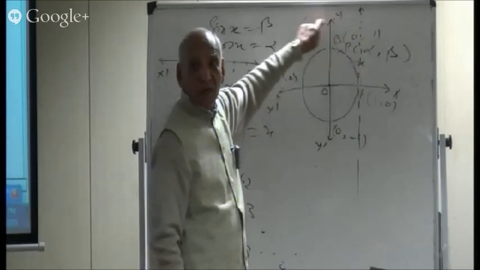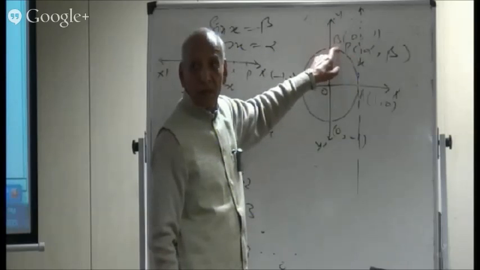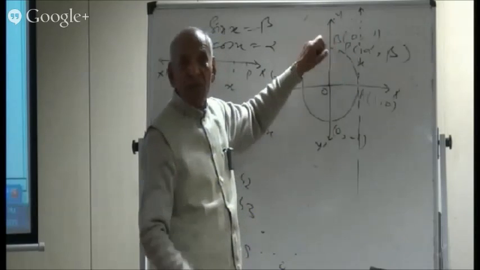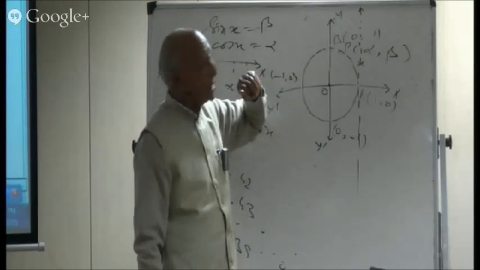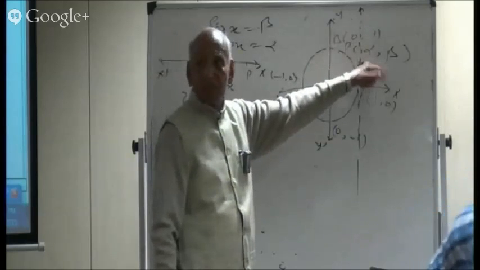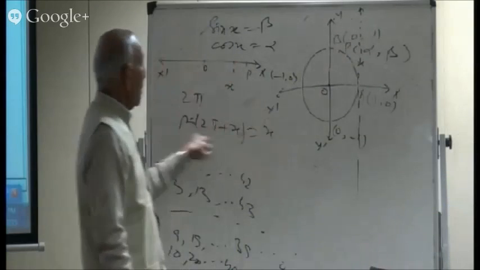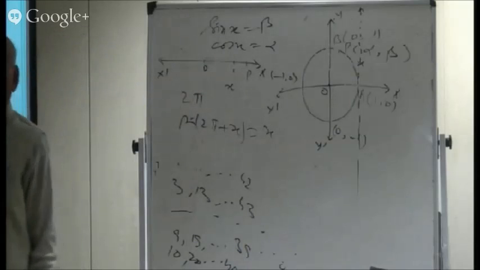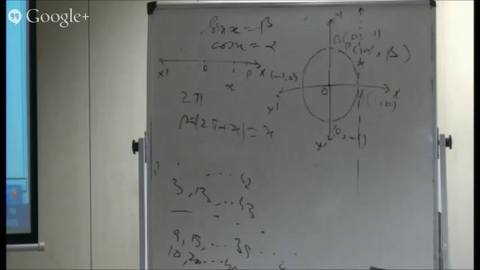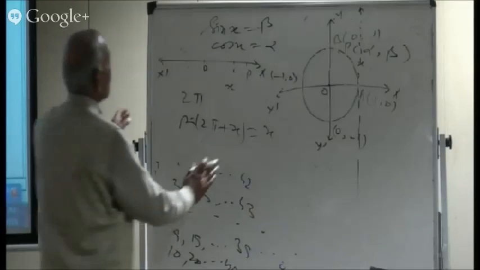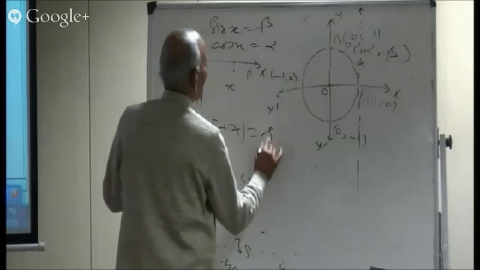Now you take one round. So that means this point gives you what real number? 2 pi plus x. And 2 pi plus x, again the same thing, beta. So it has really proved that sine of 2 pi plus x is equal to sine of x.